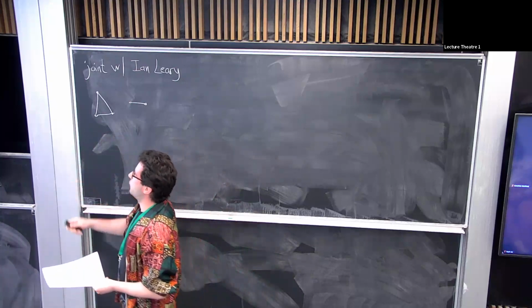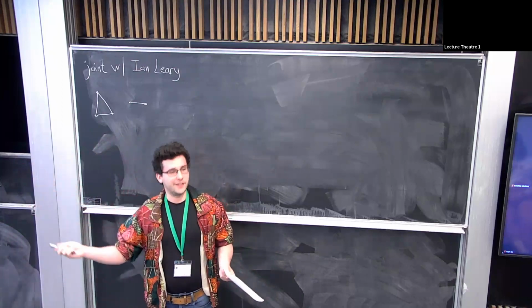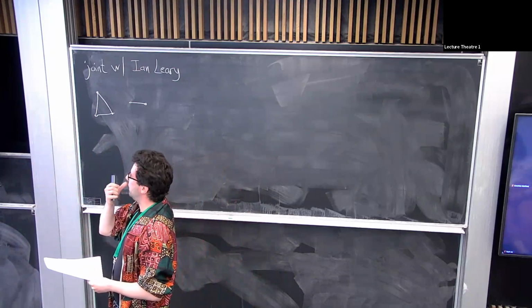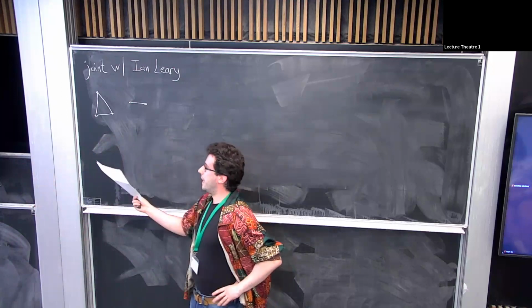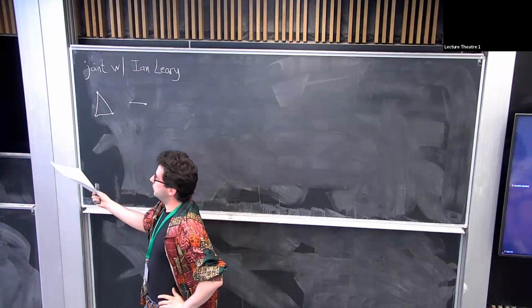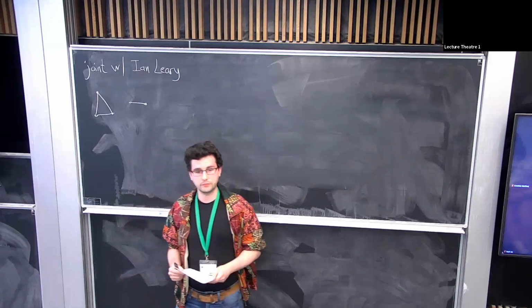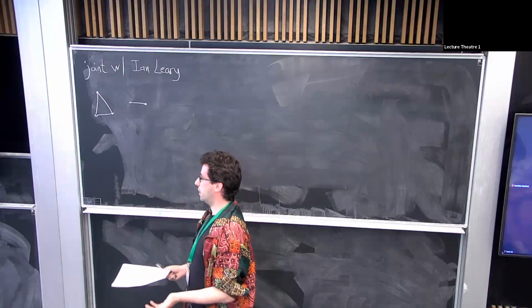One of the reasons why I call this S of K is that sometimes this is referred to as a Salvetti complex. Something to note here is that one of the reasons we need the input to be a flag complex is that if it's not flag, then we don't always have that this space is acyclic. And so it follows that this space is acyclic, so its universal cover is contractible.